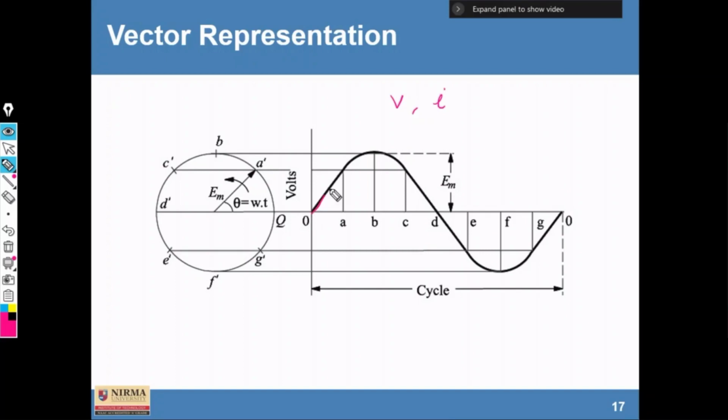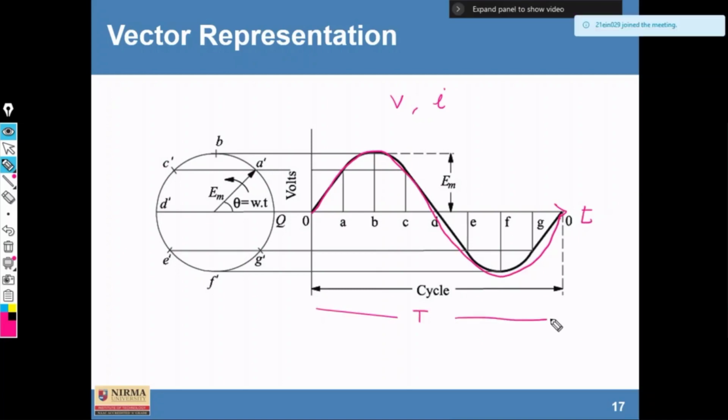This is the diagram, or we can say waveform, with respect to time t, and this is the total time period, capital T. With respect to the axis, if the vector starts rotating at any instant of time, for example at A dash, the induced EMF or the current at that instant, those electrical alternating quantities we can represent with the vector here.